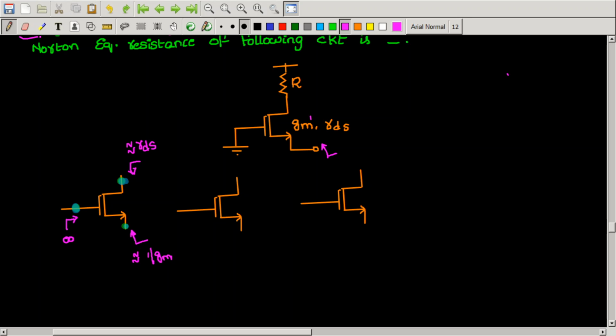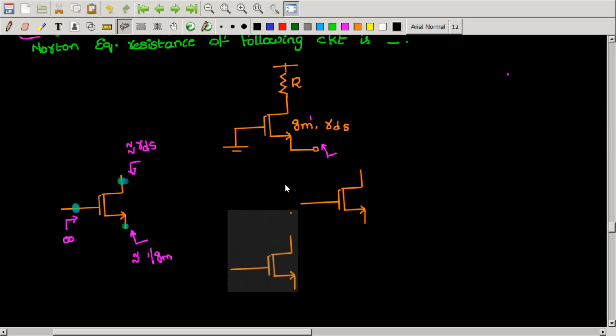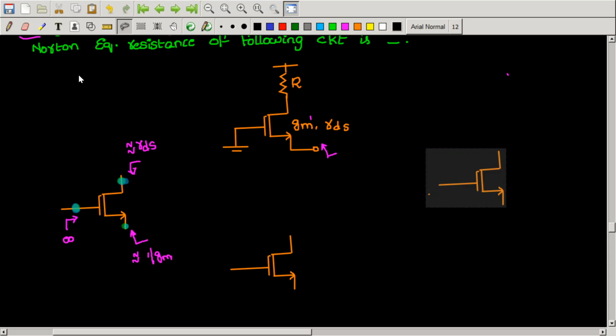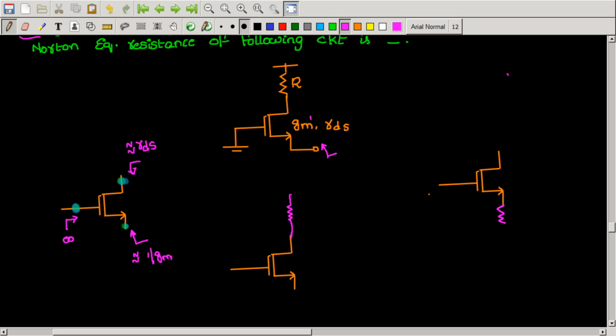Okay, now let us do some more configurations where I connect a resistor right here, and here let me connect a resistor at the source. Now again, in this circuit, if you see from the gate, the resistance will be infinite because the gate current is 0.